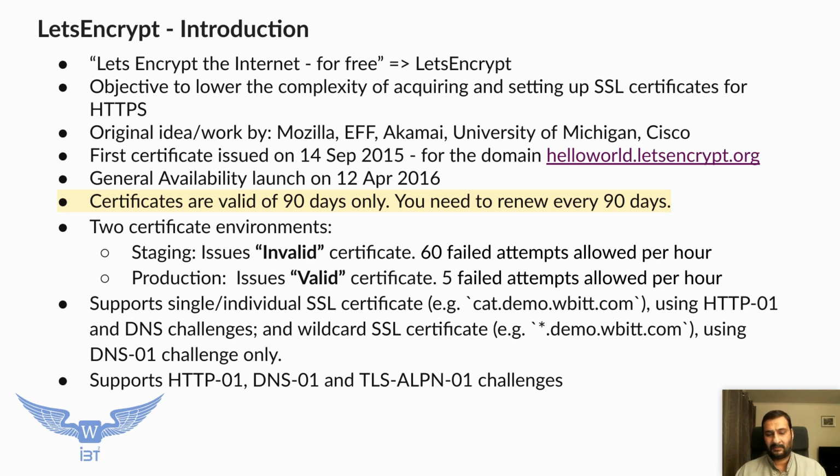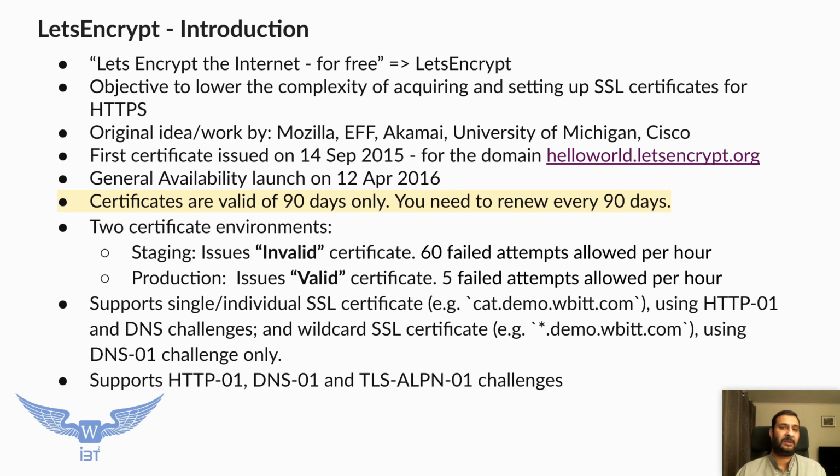And this system was called LetsEncrypt, right? I forgot to mention that, but it's quite obvious. So LetsEncrypt has two certificate environments. One is called Staging, which issues test certificates, not production certificates. These certificates are invalid.